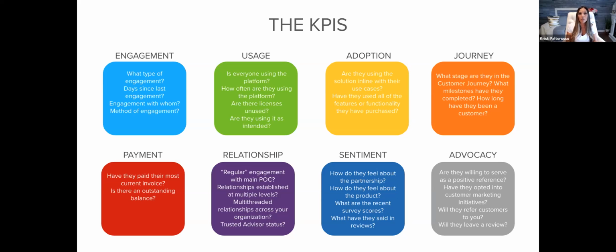Are there unconsumed licenses? If you are in a license model and you're selling them that way, are there licenses that are just sitting on the shelf? That could be cause for alarm because that might be a downsell in the future. And are they using it as intended? Are they logging in? Are they doing the right things? Are they using the right parts of the platform? For example, if you've got a modular enterprise solution and your customer bought 4 modules, are they using all 4?